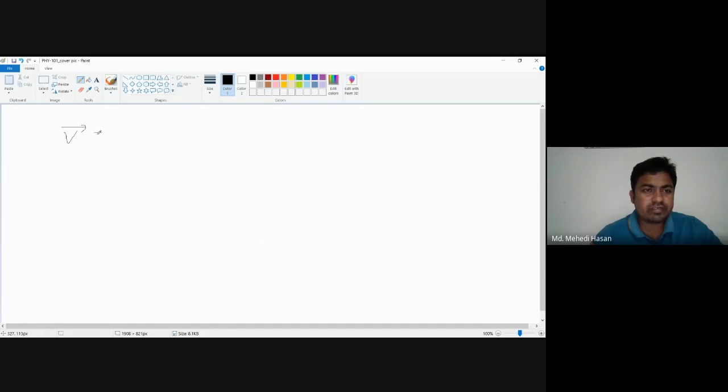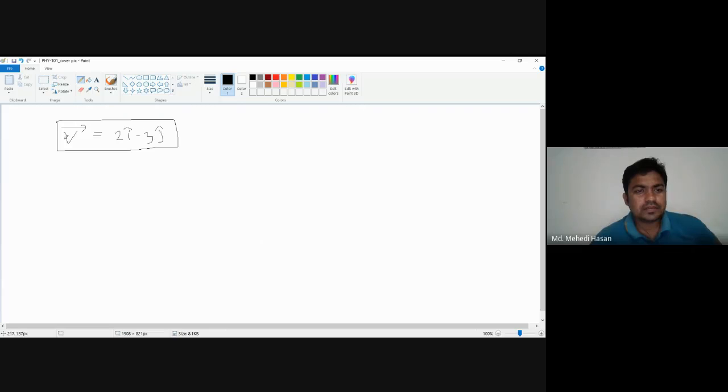Tell me, if the velocity of a projectile is given like that, 2i minus 3j, from that information just tell me, does that projectile cross the maximum height or not?